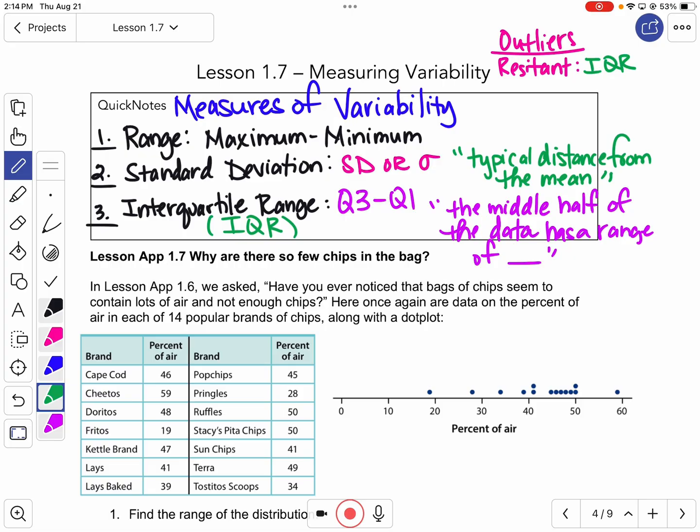The outlier will not change it. But the other 2 are non-resistant, okay? Meaning if I have an outlier, it's definitely going to change. And that's my standard deviation and my range, right? Because if range is the biggest minus the smallest and I have an outlier, that's going to change my range. Right? It's going to change it, so that's why it's non-resistant.